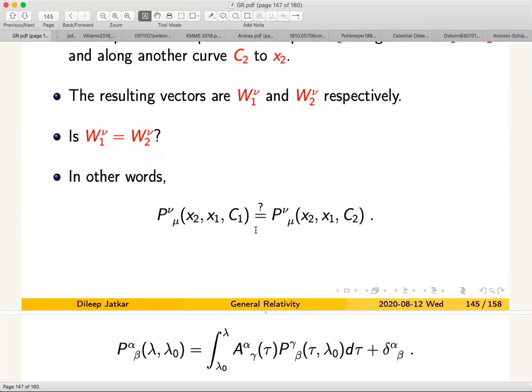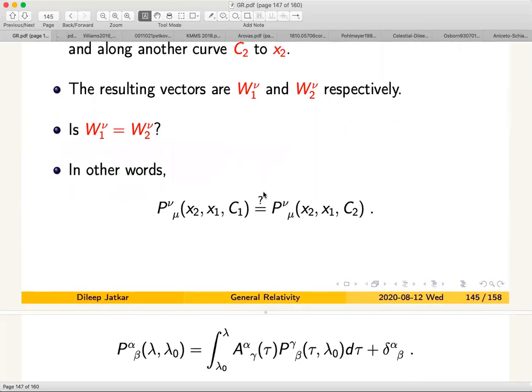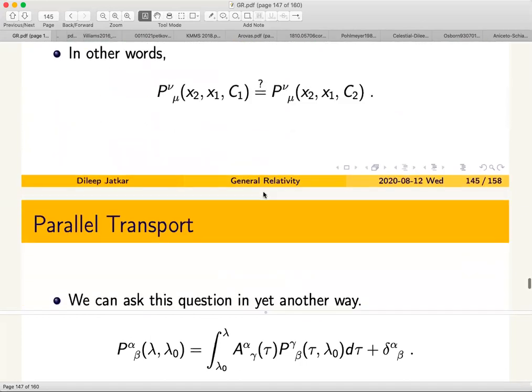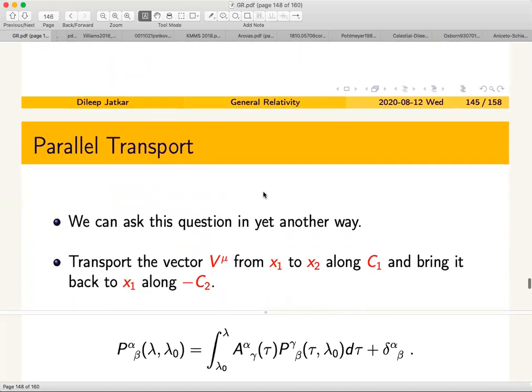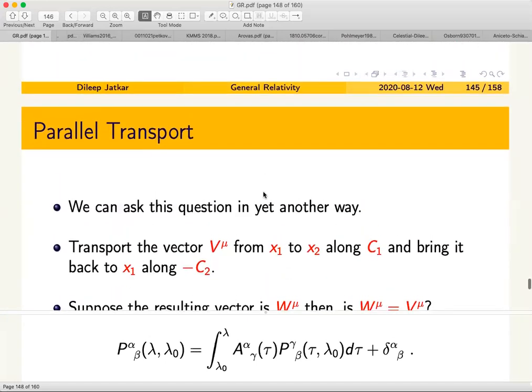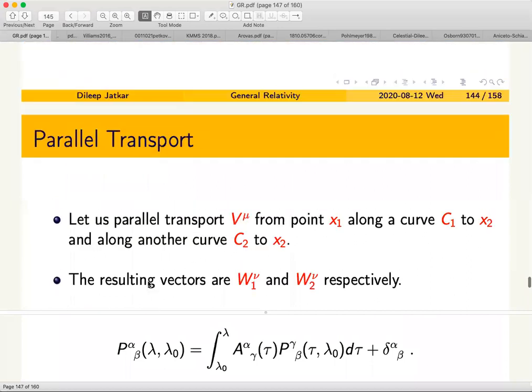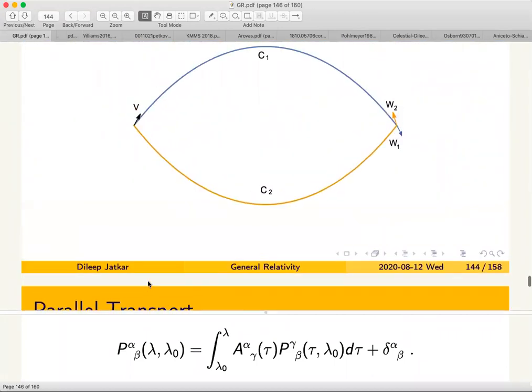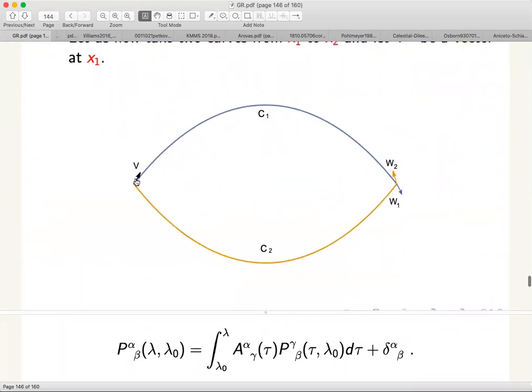We could also ask one more equivalent question: what if we take the vector v from x1 to x2 along c1 and bring it back to x1 along minus c2? Remember, as I mentioned, it's an ordering issue. So you take the vector and transport it along c1.